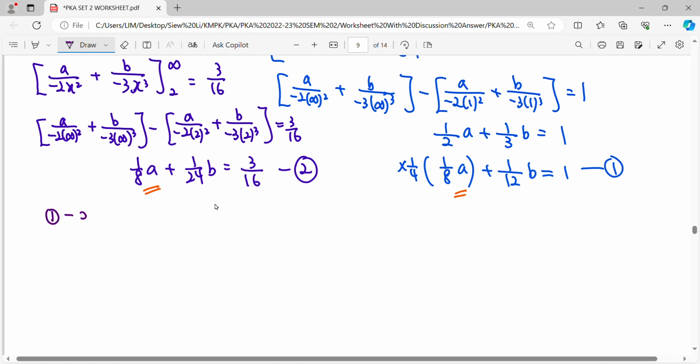Equation 3 minus equation 2, a will be eliminated. So 1 over 12b minus 1 over 24b, equals 1 over 4 minus 3 over 16, which is 1 over 16. So b equals 12 over 16, which is 3 over 4.